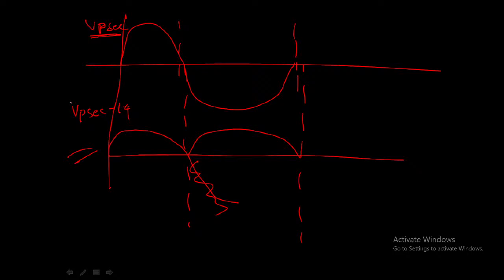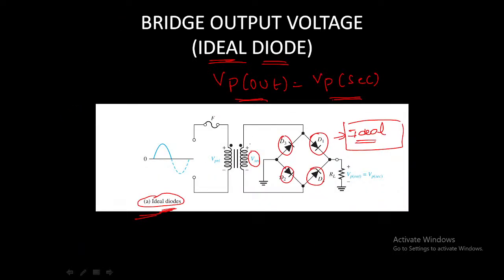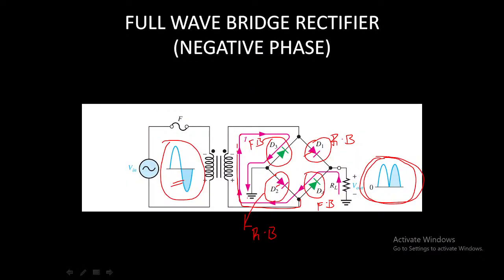So there will be a decrease in the amplitude of VP secondary minus 1.4 if we consider a practical diode, that is, if we consider a 0.7 barrier voltage across a diode. Okay, so this is how we are going to analyze the output voltage of a bridge full wave rectifier. Okay, so this is about full wave bridge rectifier.